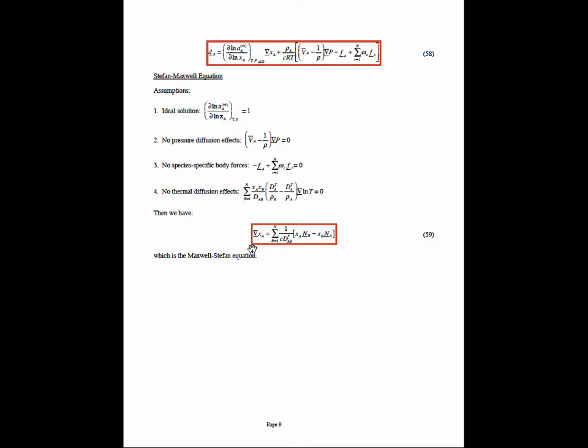The result, often reported as the Maxwell-Stefan equation, is the one shown here. And it relates the gradient in composition in a system to the fluxes of the components through that system. So this will be our starting point when we go to use the Maxwell-Stefan equations and apply them to multi-component transport phenomena.